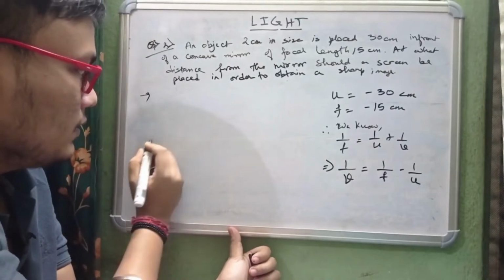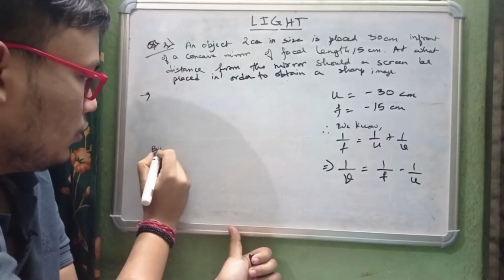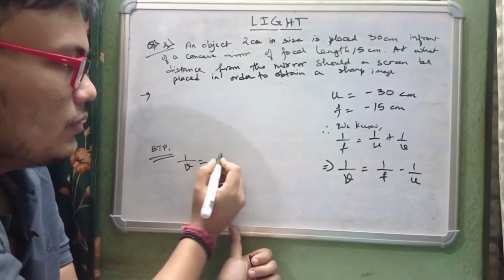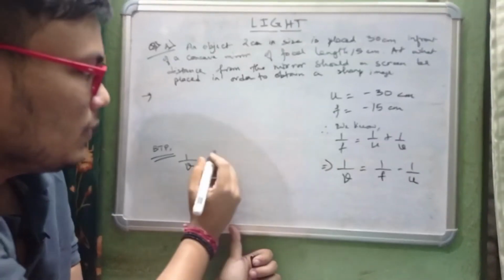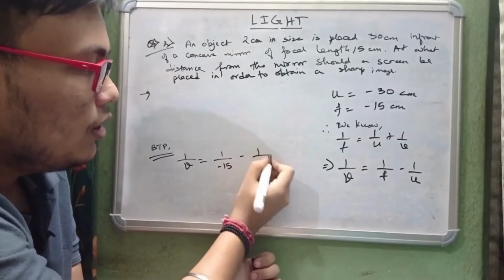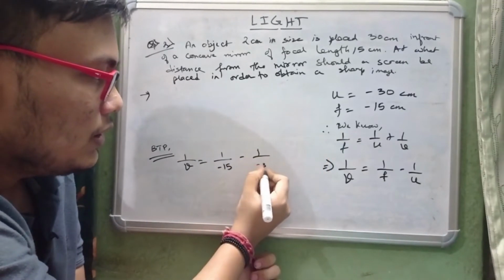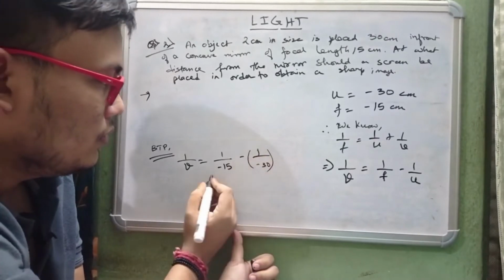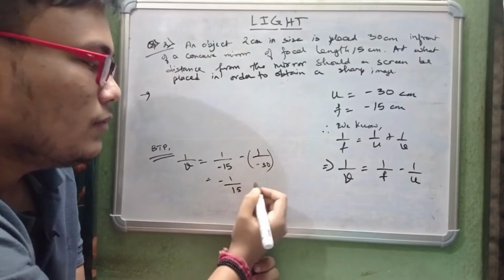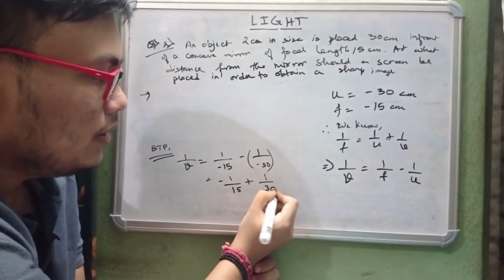If we solve this, 1 by v becomes minus 1 by 15, minus of u which is minus 30, so minus and minus become plus 1 by 30.